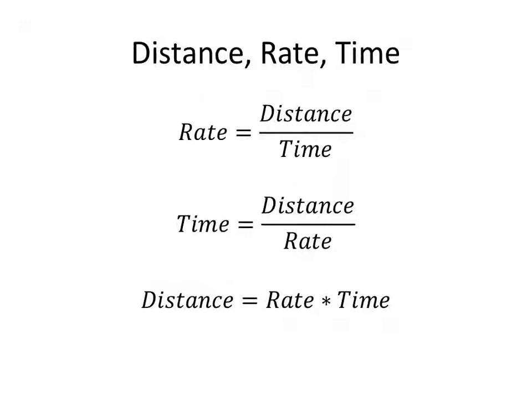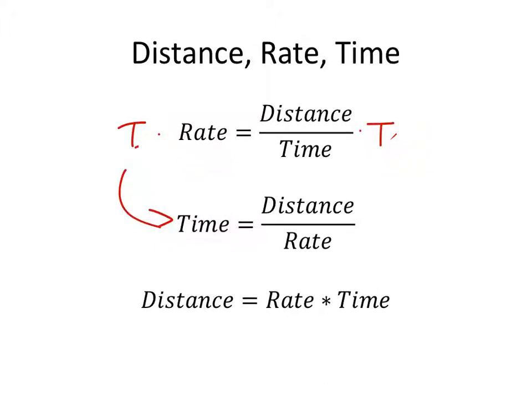Notice in the second one, we just replaced time and rate. That's because if you multiply both sides by time and divide both sides by the rate, then it switches the time and rate around. Didn't do anything to the distance, right? If you want to look at it that way anyways. And then if we wanted to manipulate that even further, just don't divide both sides by the rate.